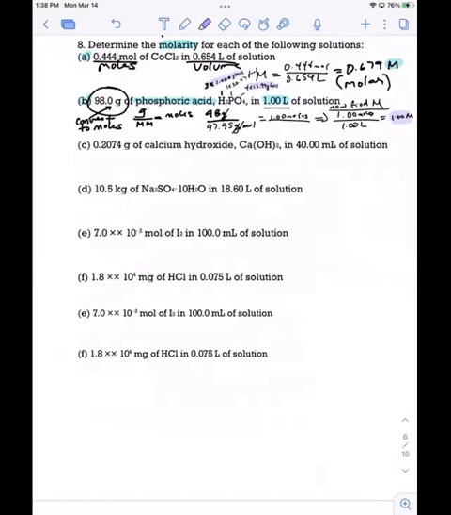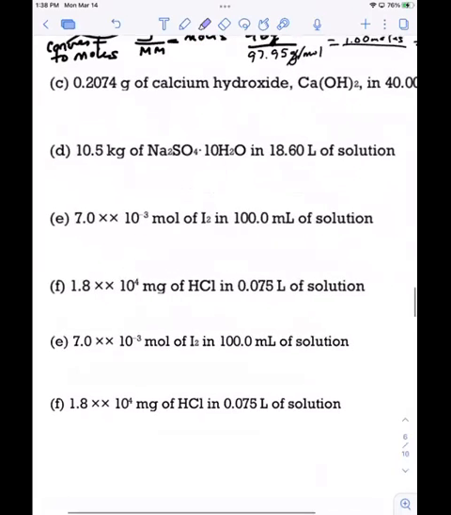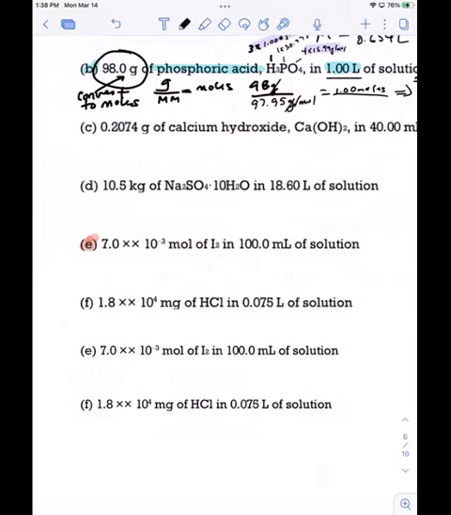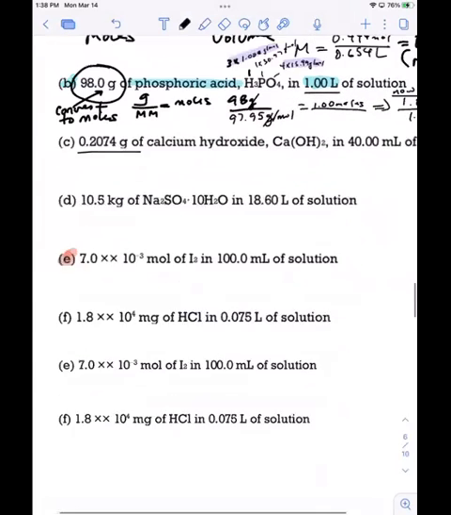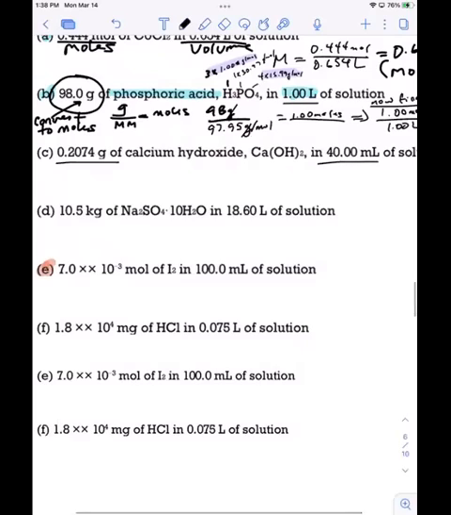Can we do E? E, perfect. Let's do E. All right. And while we're doing that, let me walk you through the other ones, how you would solve it. Right here, it's the same as the one above it. You got grams here and milliliters here. So you're going to have to convert both of those numbers into the required units before you can set that up. Same here.